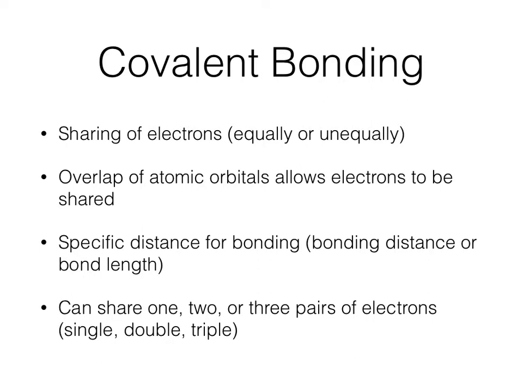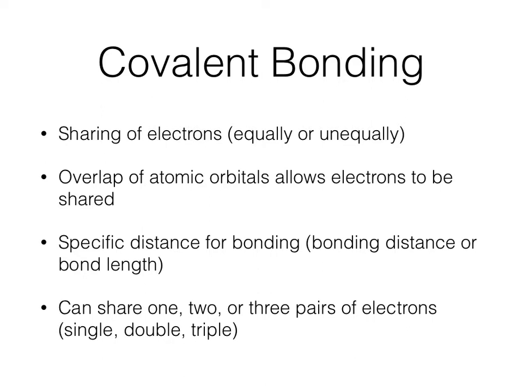And when they come close enough together, there's an overlap of the orbitals. So it's this overlap of the orbitals that allows a region of electron density, or where electrons can be found. So if they share the same region where the electrons can be found, each atom feels as if it has the electron, even if it doesn't. It feels as if it does.